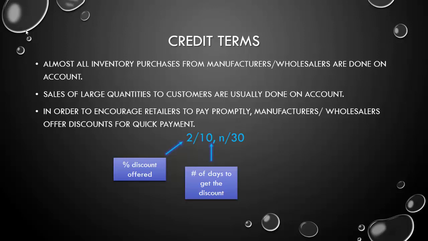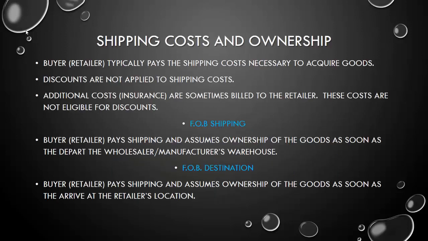So 2/10 means 2% off if you pay within 10 days. The whole second half of these credit terms tell you how long you have to pay off this debt in total. And n/30 means the net balance owed to the vendor, to the creditor, is due within 30 days. So 2/10, n/30: 2% off if you pay within 10 days. The entire balance is due within 30 days. That's how credit terms work.